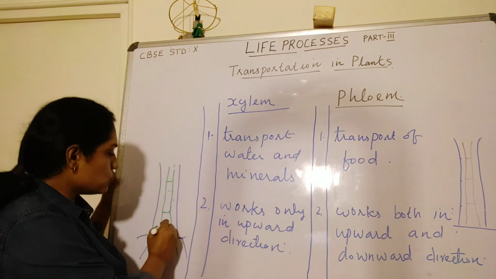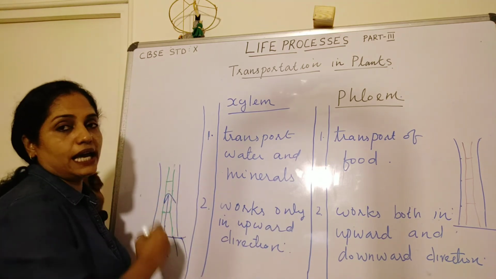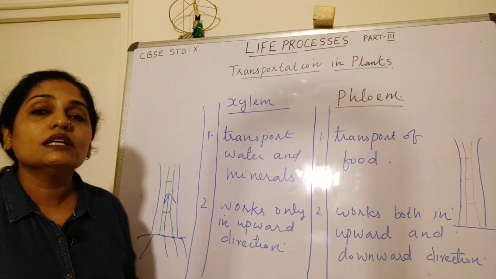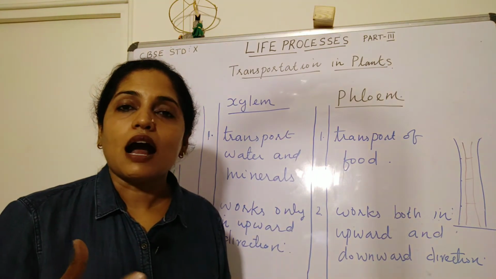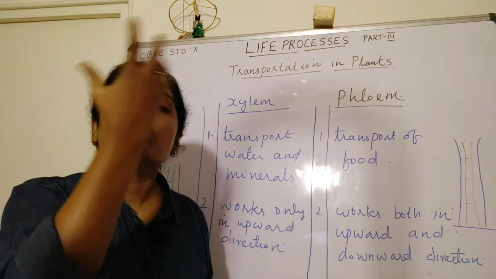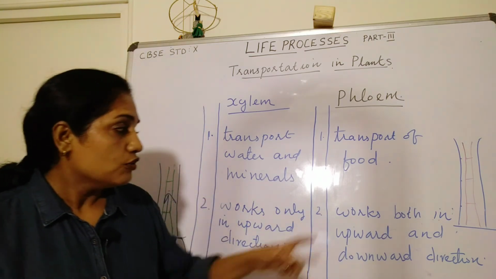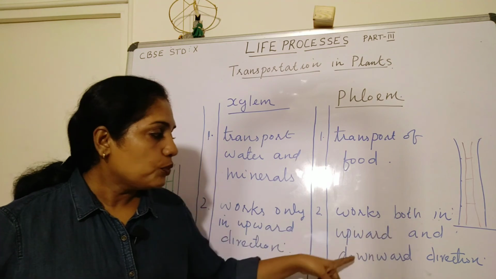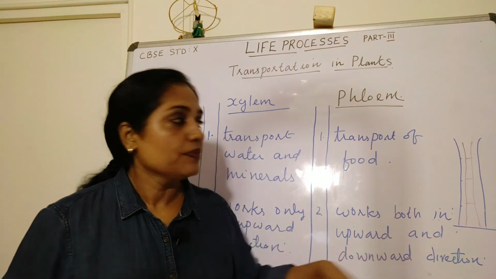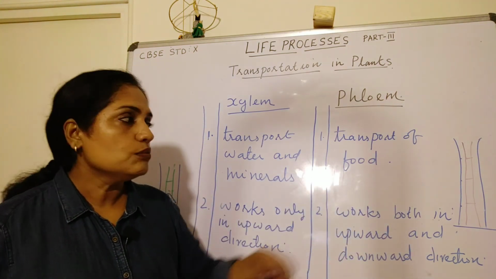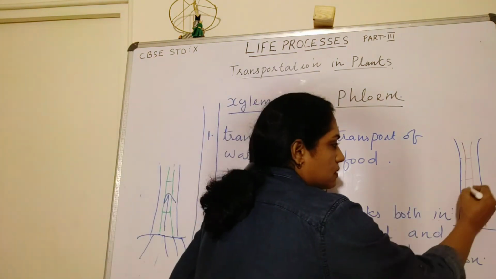See, xylem moves water in the upward direction, that is from the root which is under the soil to different parts of the plant which are above the soil. But phloem works in both upward and downward direction. Phloem moves food in both the directions.